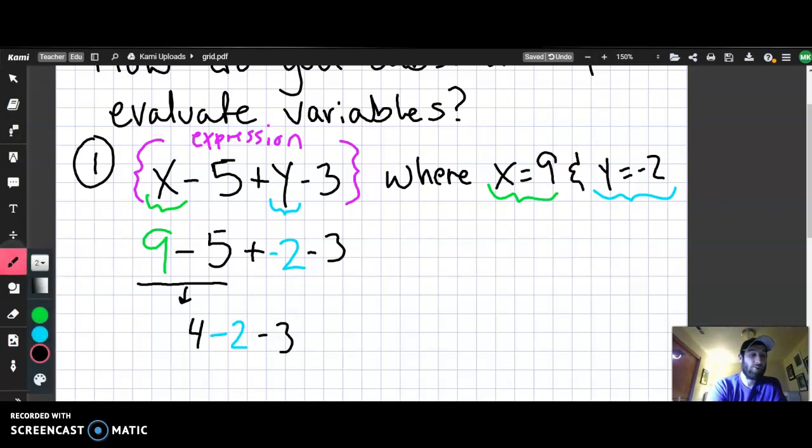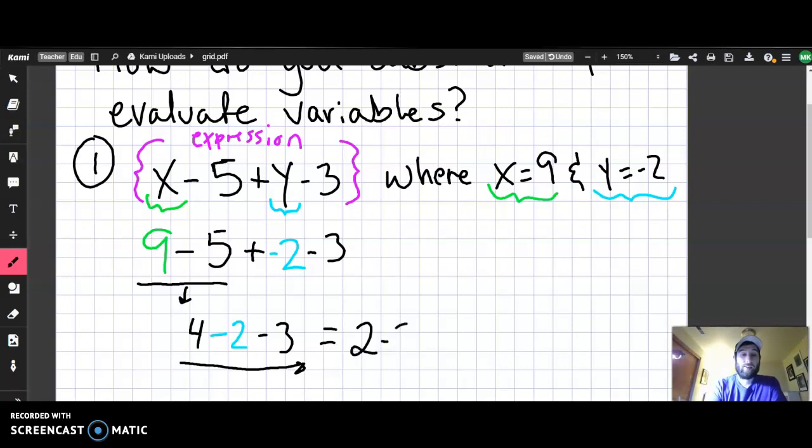So ladies and gentlemen, what's 4 minus 2 minus 3? Well, that simplifies down to the 4 minus 2 first, which is just 2, minus 3, which is -1. So we started with our expression, we plugged in our x and our y, then we just added and subtracted. And the reason why we added and subtracted was because those were our operations.